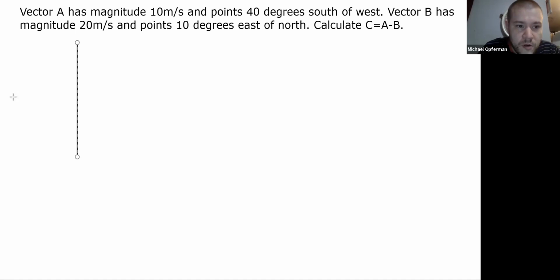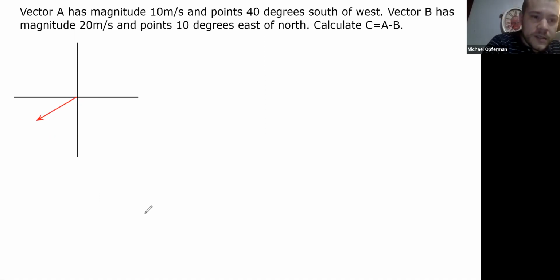So let me maybe draw a coordinate system here. We've got vector A is 10 meters per second, 40 degrees south of west. So that's going to be something like this, with the 40 degrees being south of west.